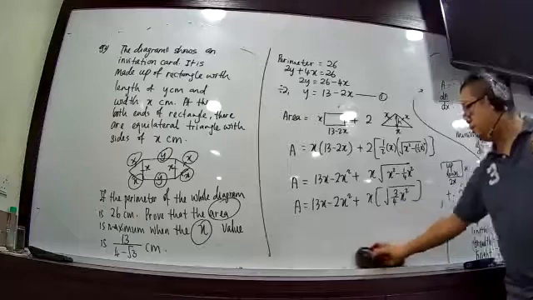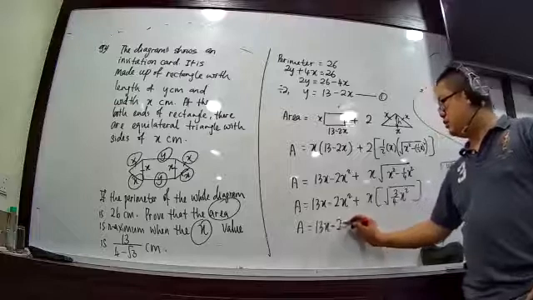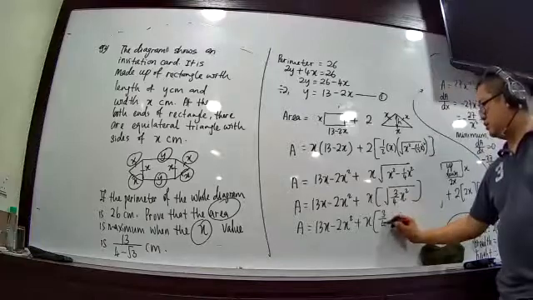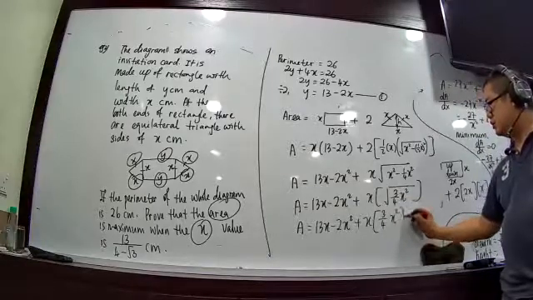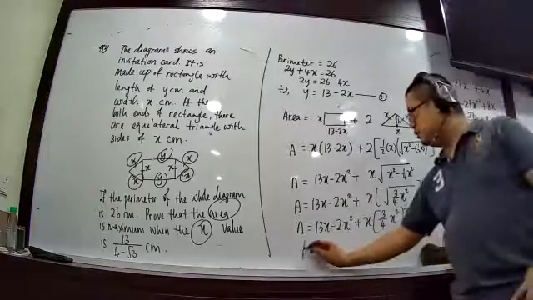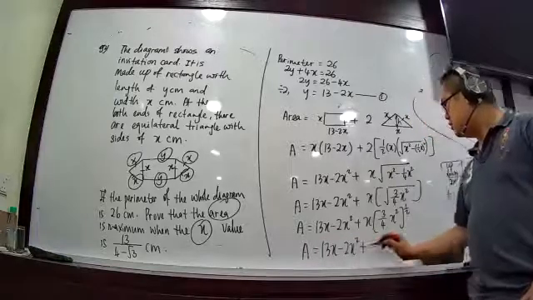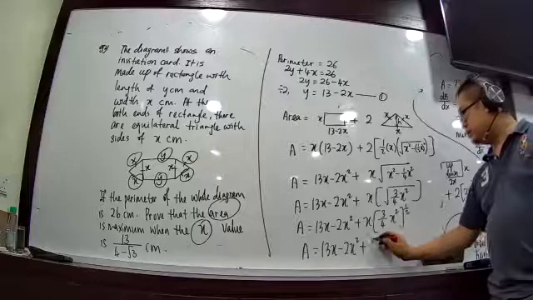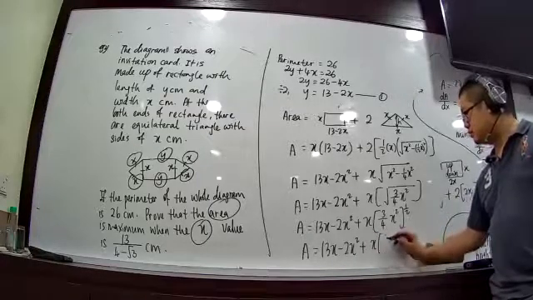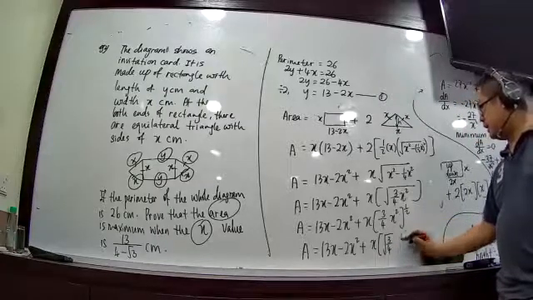The power of 1 over 2, so the square root of 3 over 4, times x, 2 cut, left the x.